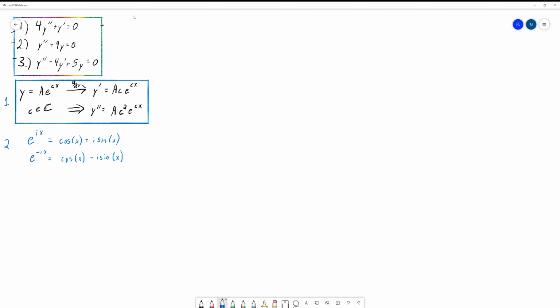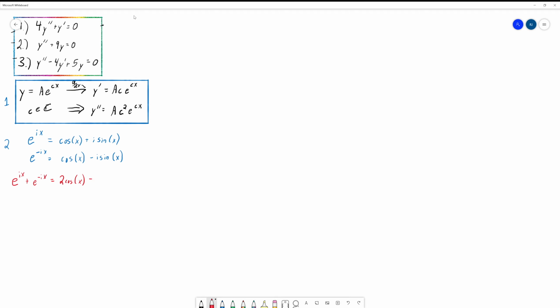Okay, and now you can add these two equations together and say e to the ix plus e to the minus ix is going to be cosine of x plus cosine of x, so it's going to be 2 cosine of x. And then it's going to be plus i sine of x minus i sine of x, which is going to be 0.